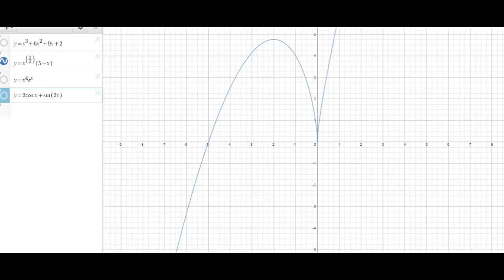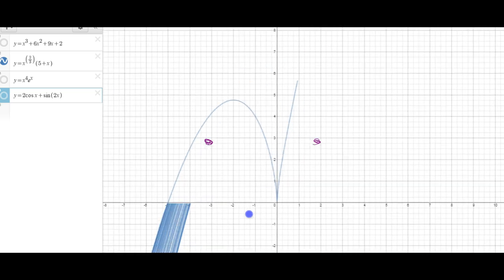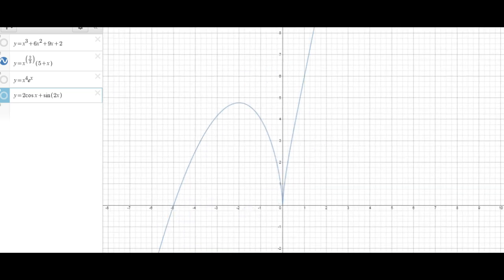All right, and so we were looking here, right? Negative 5, we had a 0, 0, we had a 1, and this, and this. So at -2, we had the local maximum.